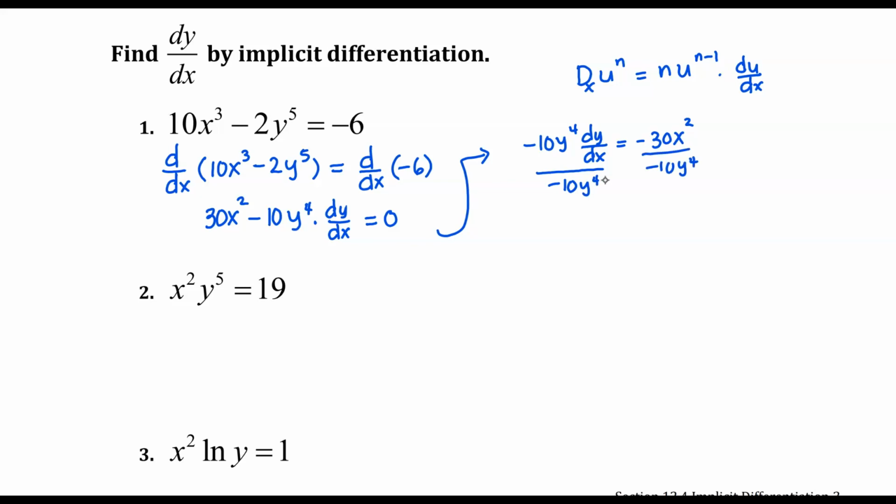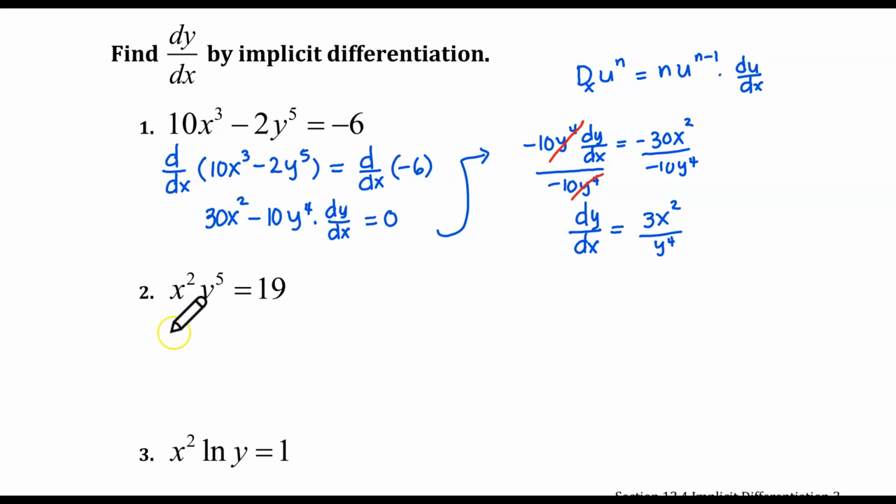And then this cancels out. We have dy/dx on the left-hand side, and this is equal to, now you simplify also, negative 30 divided by negative 10 is positive 3. So you have 3x squared over y to the fourth.